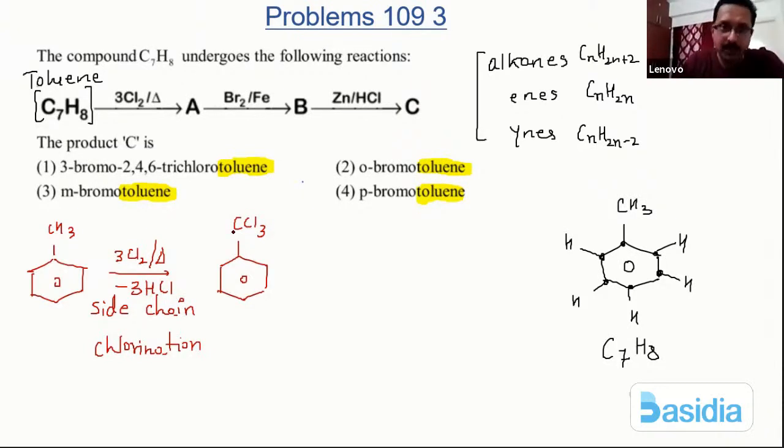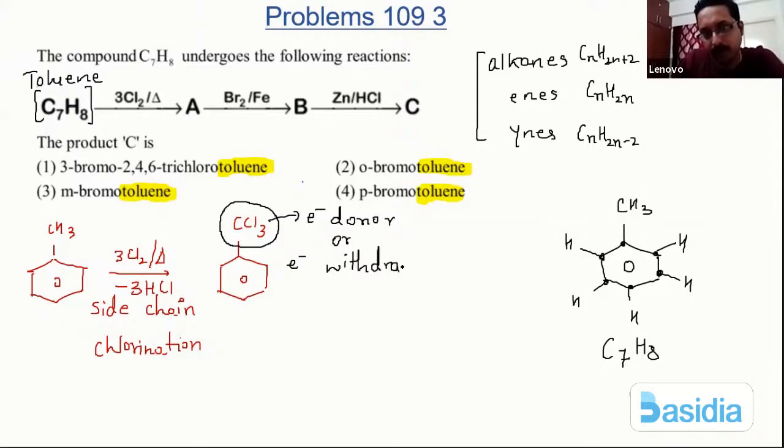Now, it is very important for you to understand what kind of group the CCl3 is. I mean to say whether it is an electron donor or an electron withdrawer.